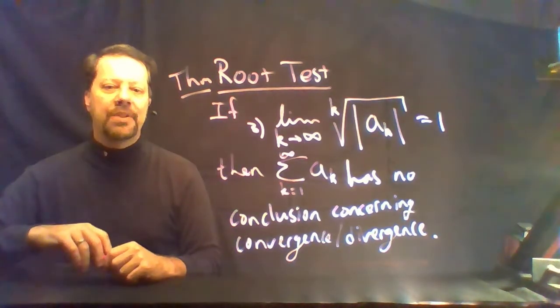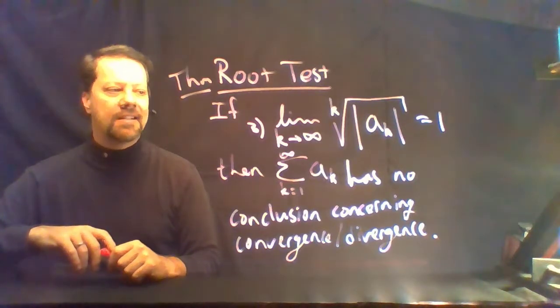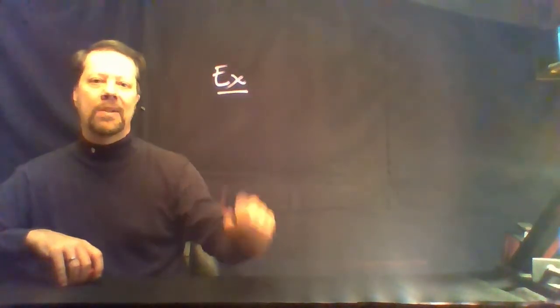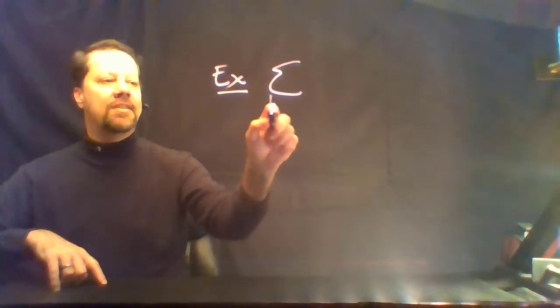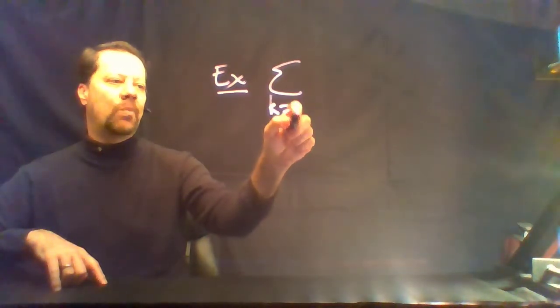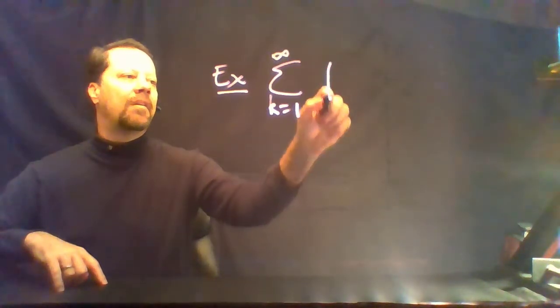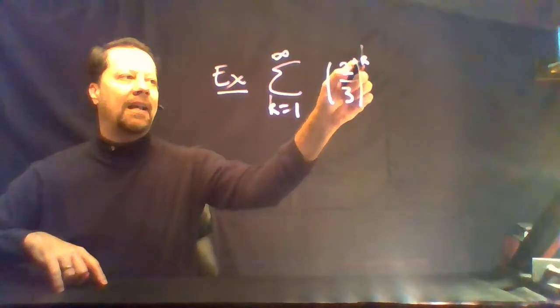The proof of the root test is similar to the proof for the ratio test, so I'll leave that as an exercise. Let me give you an example that illustrates the idea behind what's going on the root test. Let's consider the sum as k goes from, say, 1 to infinity of 2/3 to the power k.